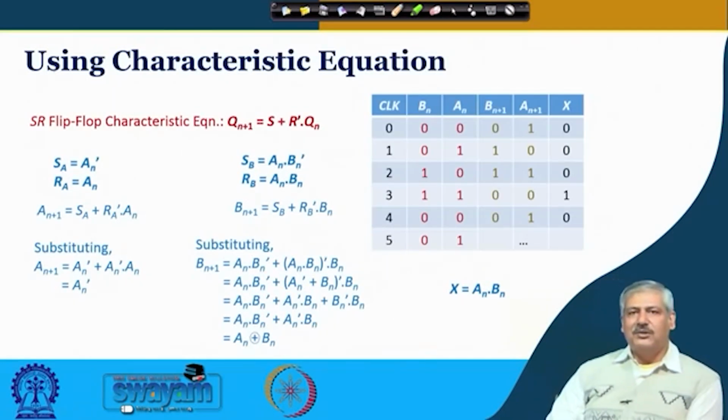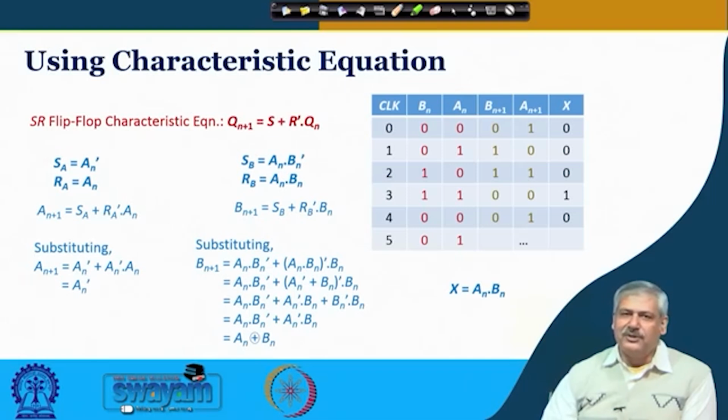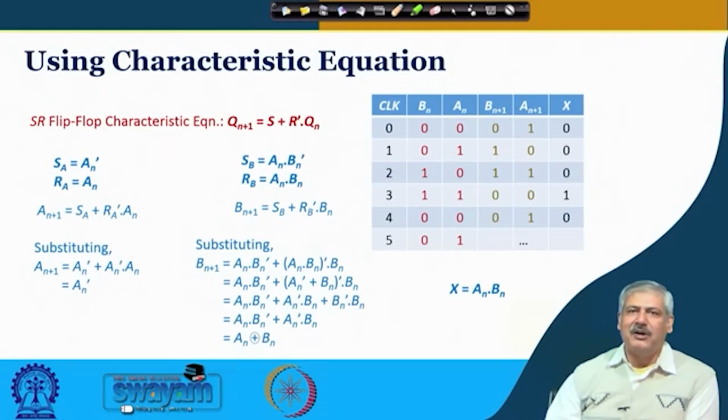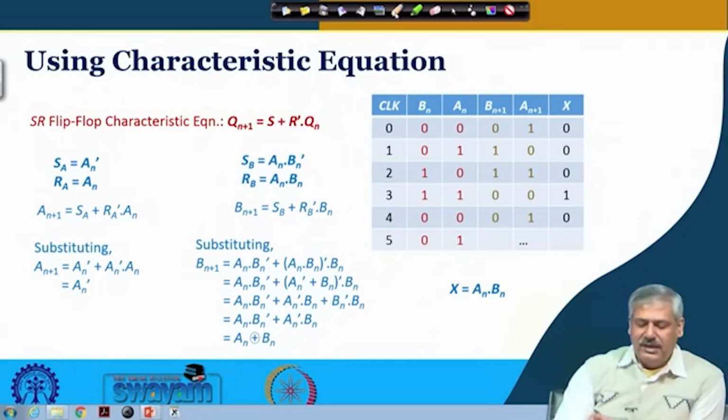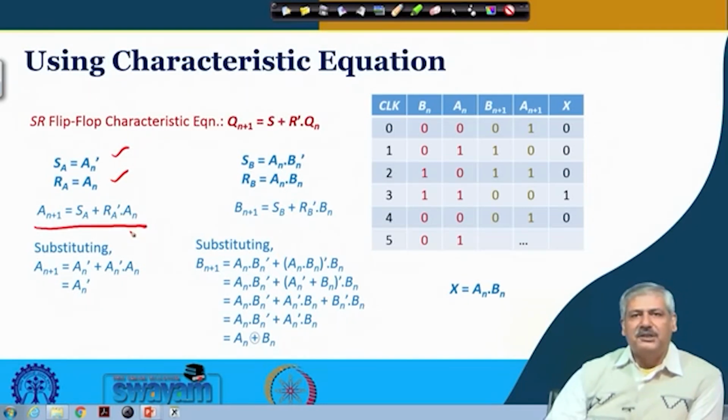So, we can use the characteristic equation also directly, since we already are familiar with the characteristic equation, to come up with the analysis result. So, we have seen that SA and RA, how it gets represented, and we know the flip-flop equation of the SR flip-flop.